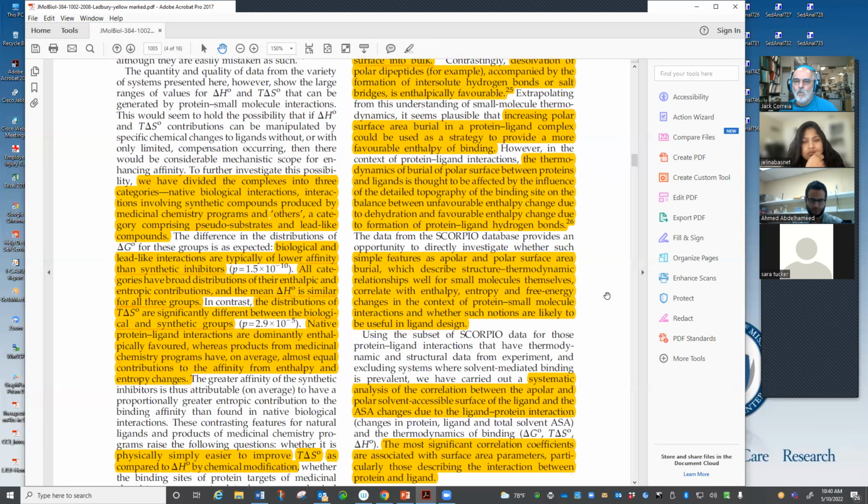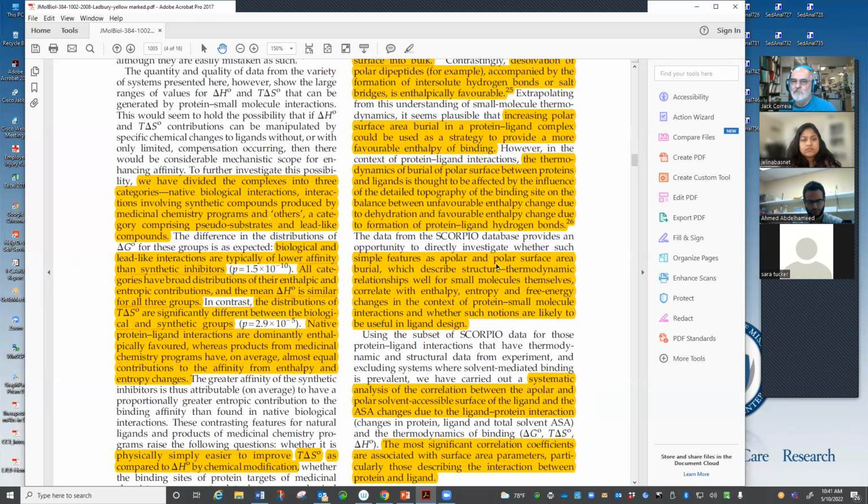And so what they want to get at is asking the question, I'm having to read all of this to make sure the words out of my mouth make sense, what are the simple features in terms of apolar and polar surface area burial that correlate with enthalpy, entropy, or free energy changes in a way that you can do this in a logical way.